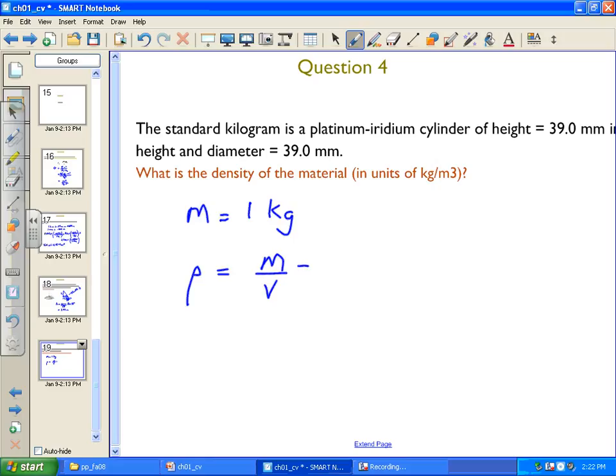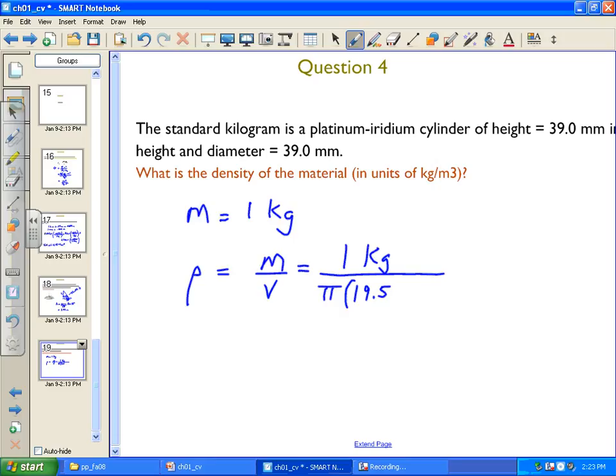So we proceed to write the mass, 1 kilogram, divided by the volume of the cylinder. And we recall that the formula for the volume of a cylinder is pi r squared h. Here, r is given as 39 millimeters divided by 2, which is, of course, 19.5 millimeters.